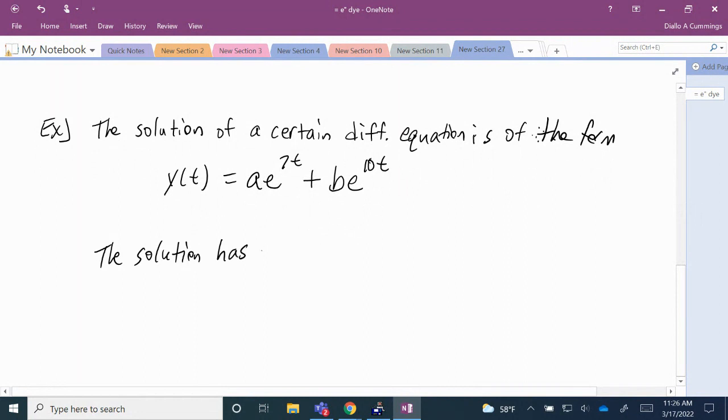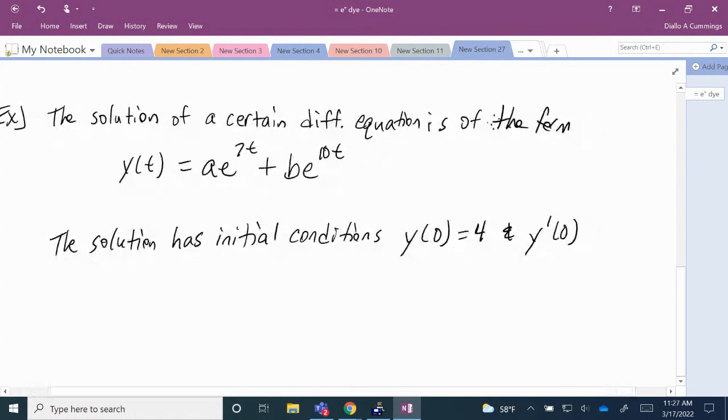The solution has initial conditions y of 0 is equal to 2, excuse me, y of 0 is equal to 4, and y prime of 0 is equal to 1.